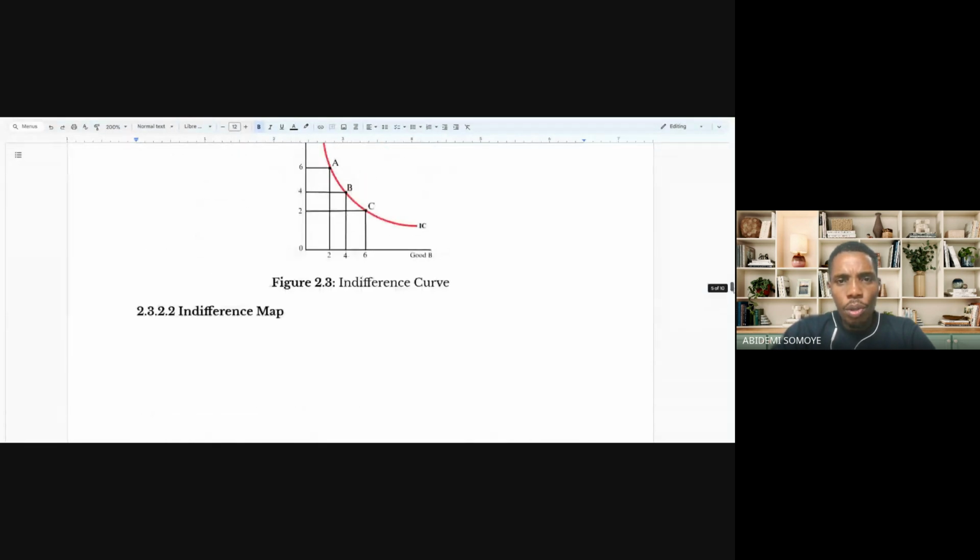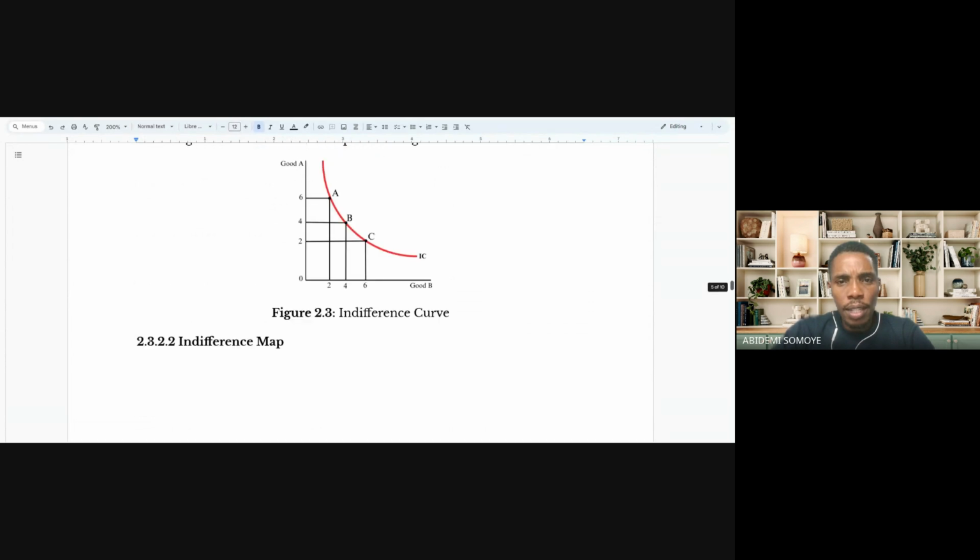I wanted to show you why indifference curves do not intersect. So here, what that means is that you wouldn't have an indifference curve like this. If you have indifference curves intersecting one another, this is what it looks like. What that means is that you would have two different levels of satisfaction, and it would also violate the axiom of transitivity.